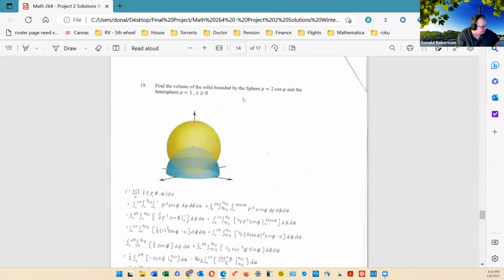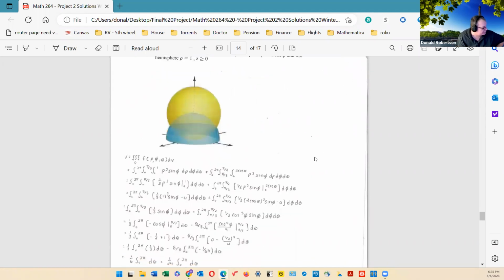If you can imagine the overlap between those two, there's a kind of egg-shaped shape where the sphere and the other guy intersect. If you rubbed out all that yellow stuff at the top and the excess stuff at the bottom, what you would see would be basically an egg. And we're trying to find the volume of that.